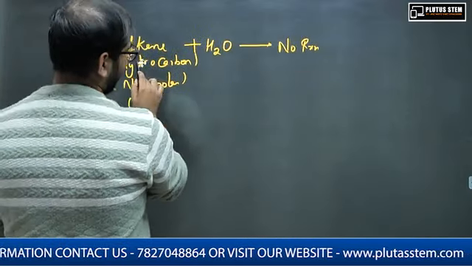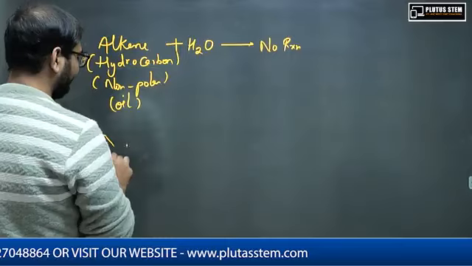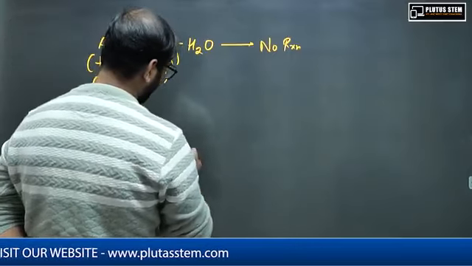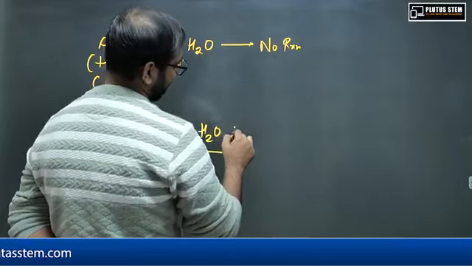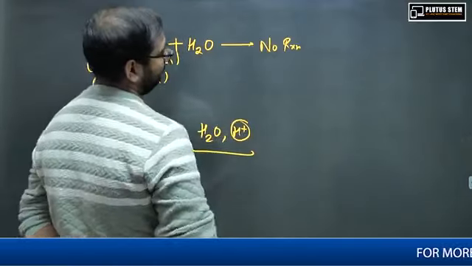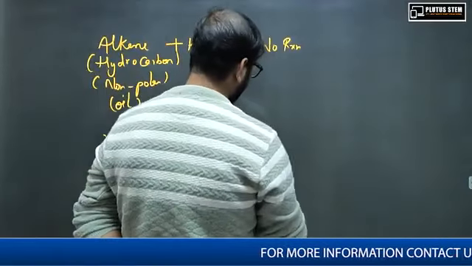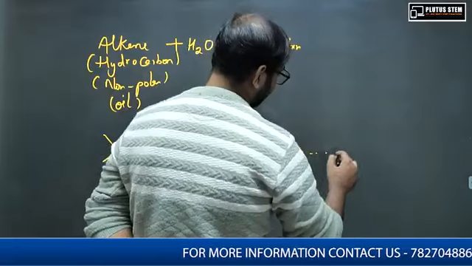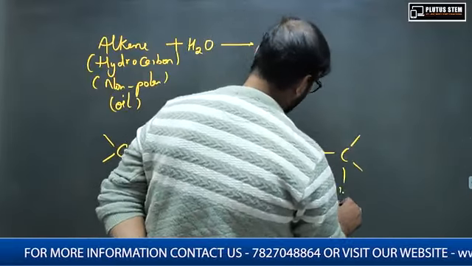So we need to add some catalyst that can favor this particular reaction. So if you have any kind of alkene and you take water with some amount of acid or diluted acid like H2SO4, H3PO4, etc., they can cause the formation of alcohol from the alkenes.